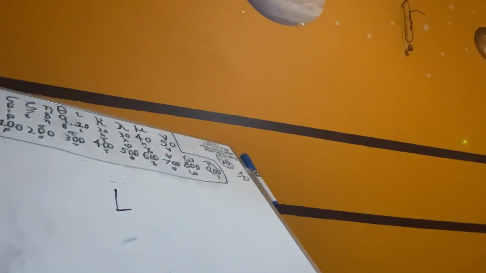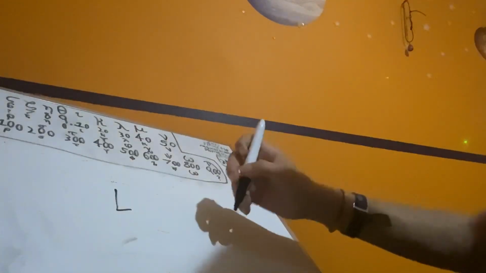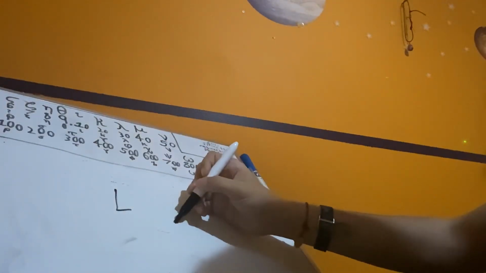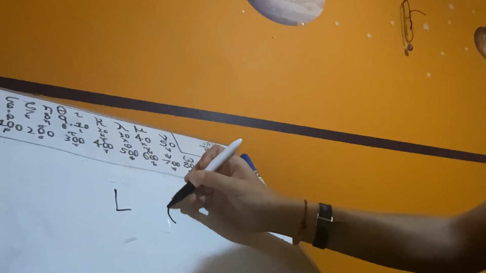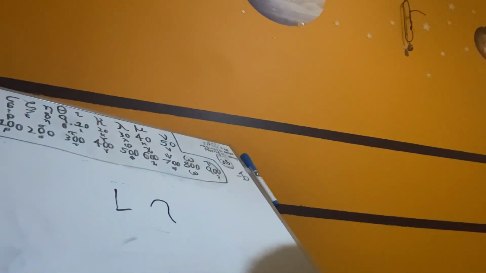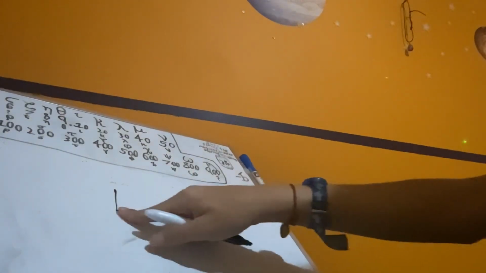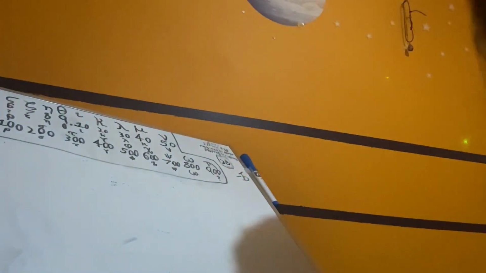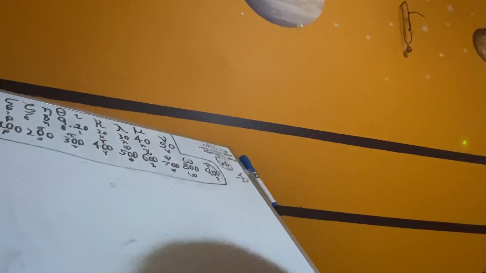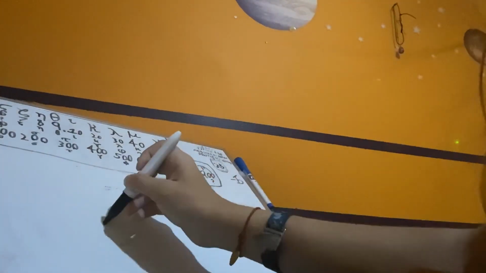L. So, ooh, this is quite the interesting one. This thing, people keep saying it's this. It's not this. This is where P comes from. That's the bladder. It was this.